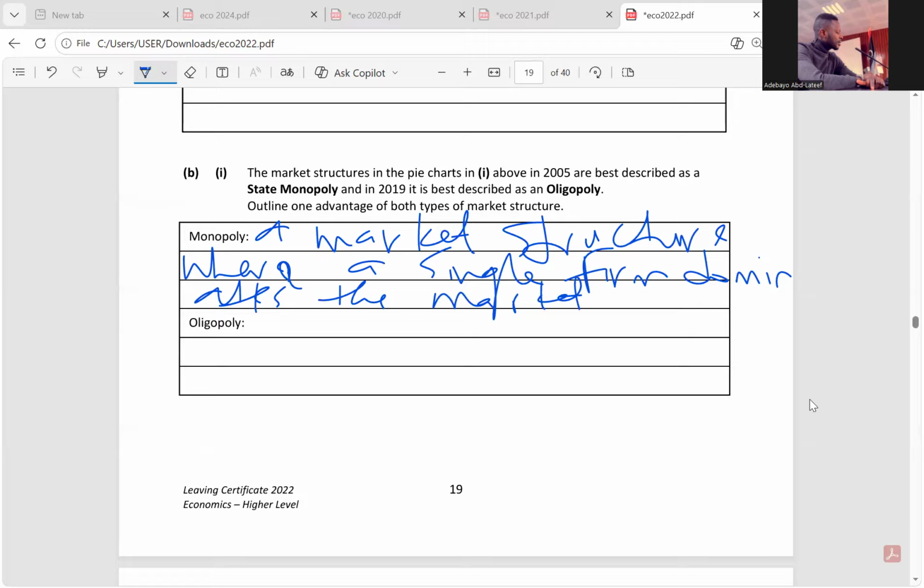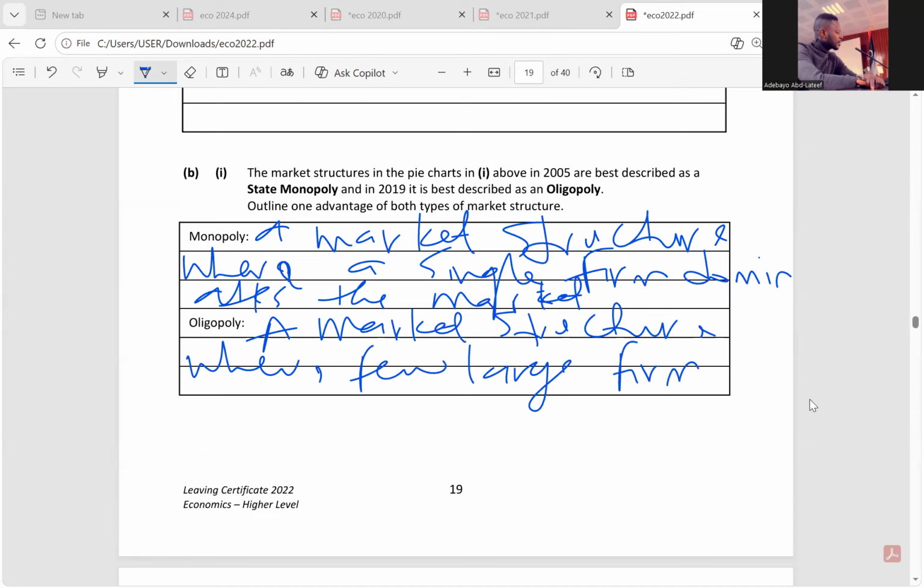Oligopoly is a market structure where a few large firms dominate the market.